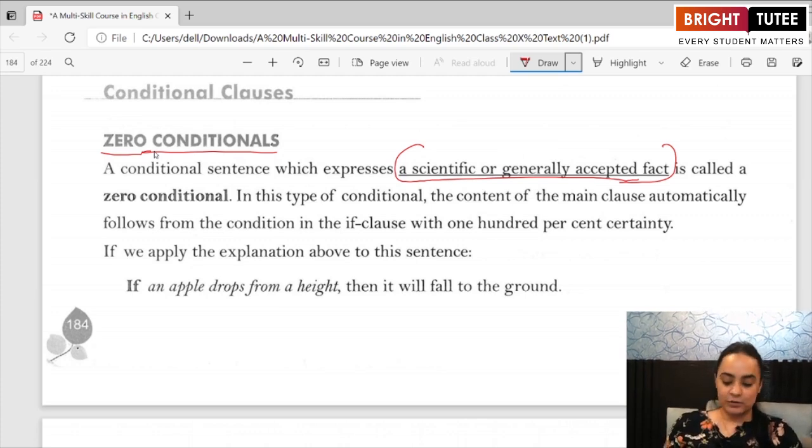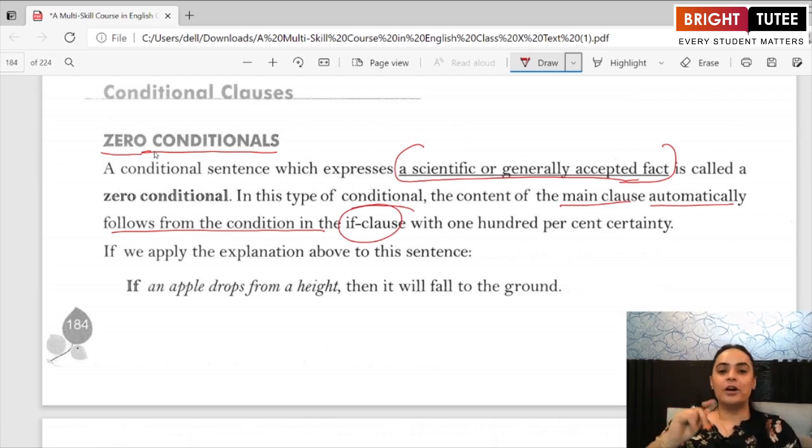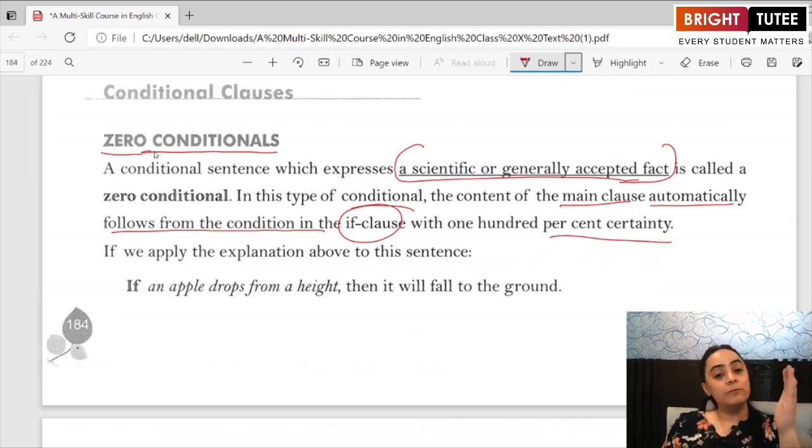In these types of conditional sentences, the content of the main clause automatically follows from the condition in the if clause. So the word if is used and the condition that is applied is going to be 100% sure. There is going to be conformity to the after effects of it.